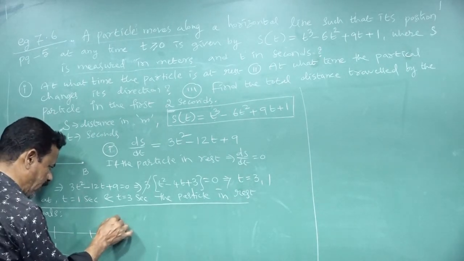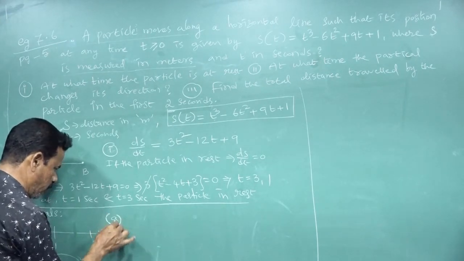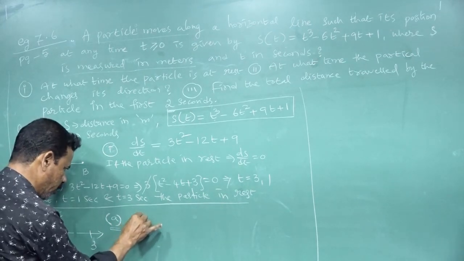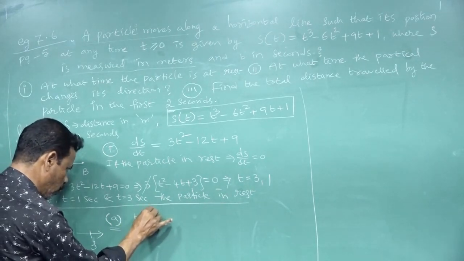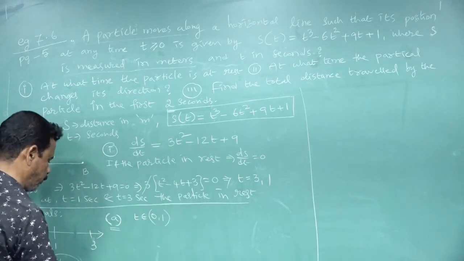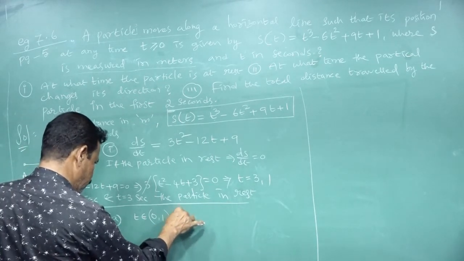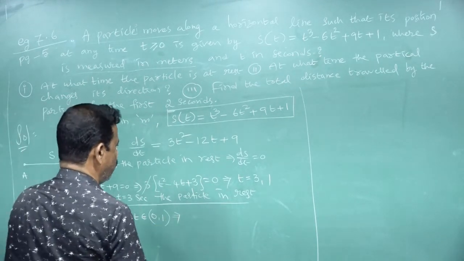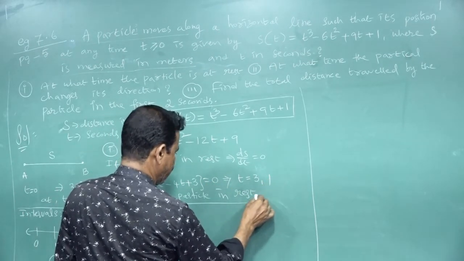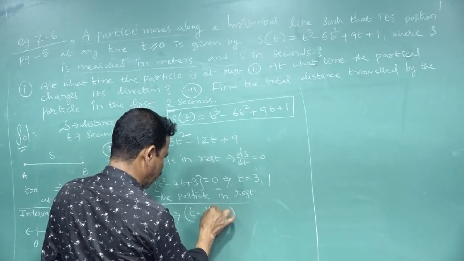If we consider one method, first case, T belongs to 0 and 1. Then the factors are T minus 3 into T minus 1.